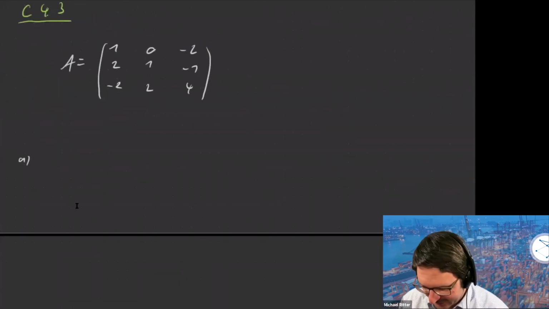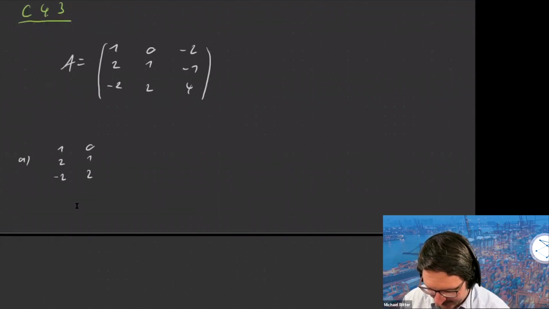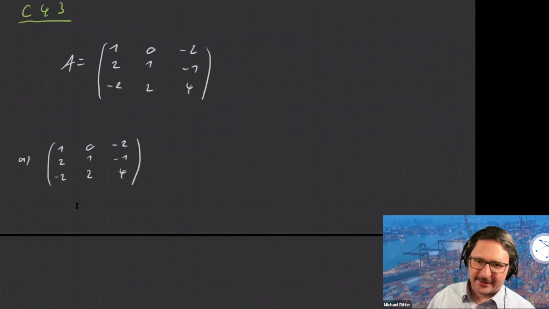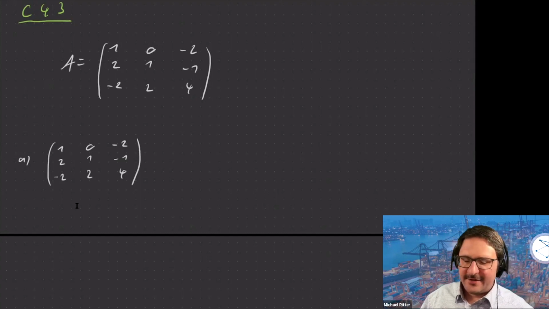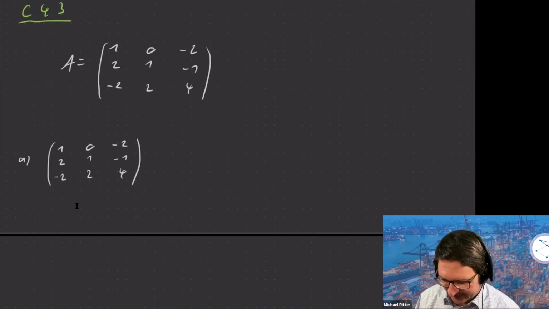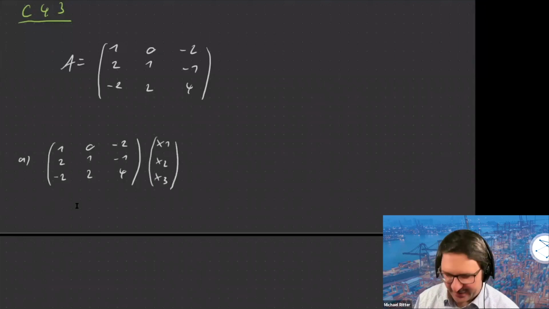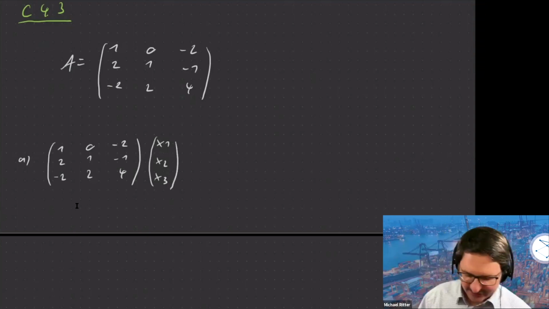So if you have this matrix A here, 1, 2, minus 2, 0, 1, 2, minus 2, minus 1, 4, and now you multiply that with any vector from the right, a vector like x1, x2, x3, right? Same thing as we did for a system of linear equations.